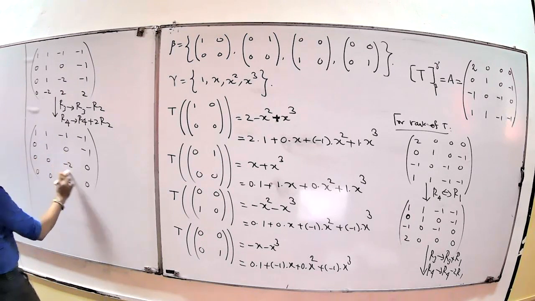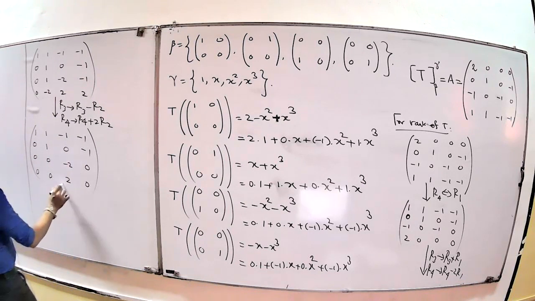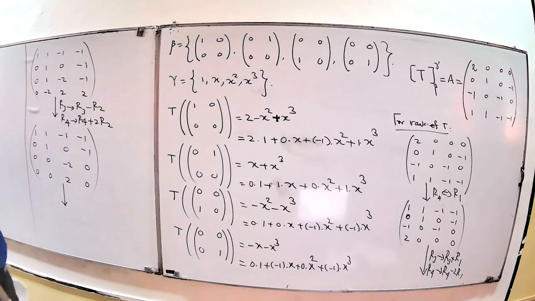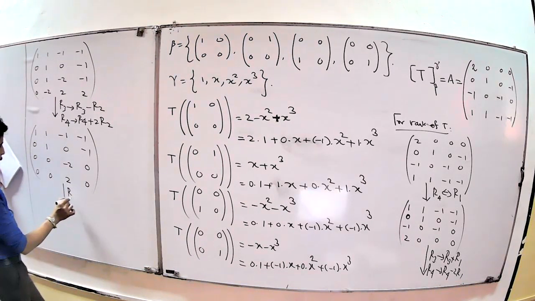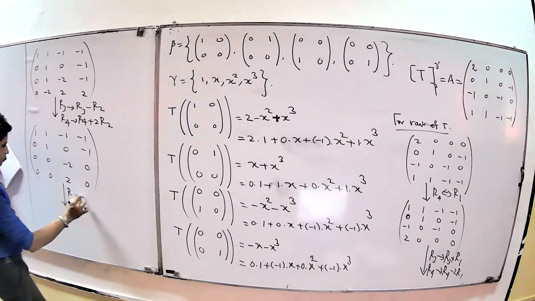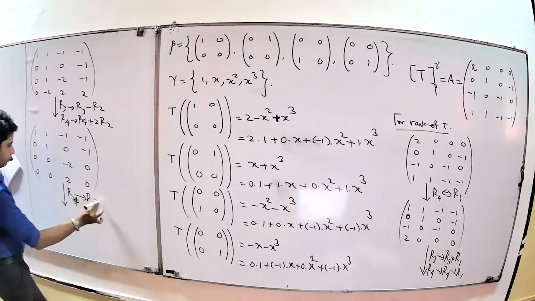The third row has a non-zero leading entry, therefore you want to get 0 below it: R4 replaced by R4 plus R3.